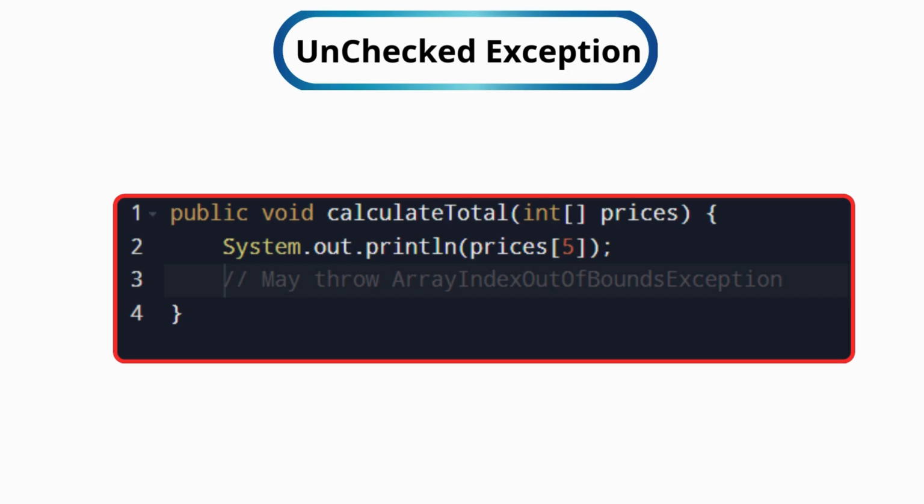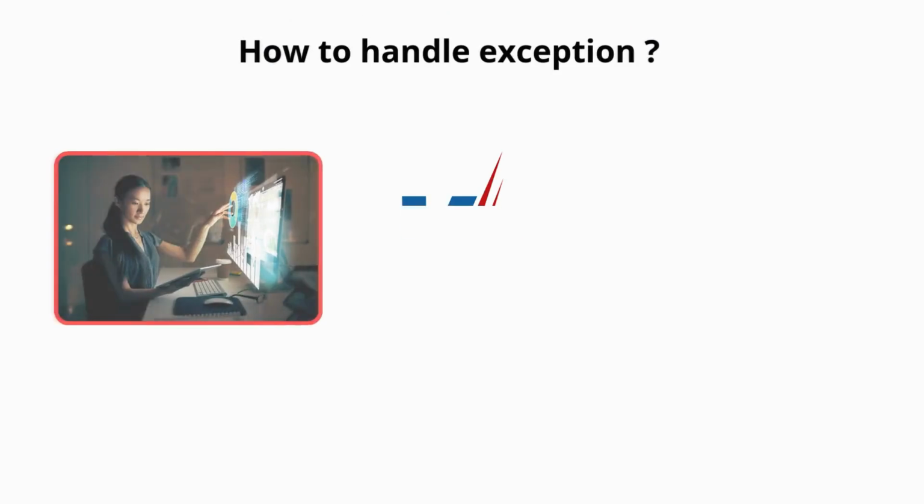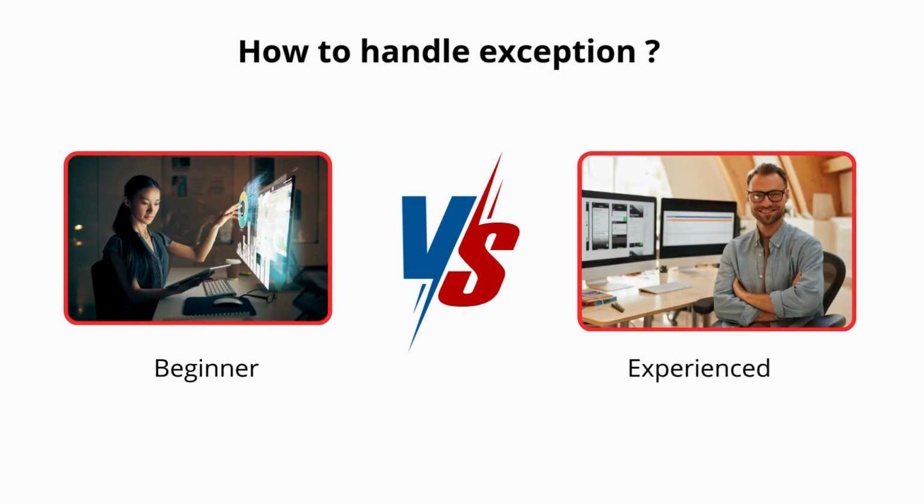So maybe it throws the array index out of bounds exception, right? We need to handle it by checking the length of prices first. Then print based on the length, so we can avoid this exception.